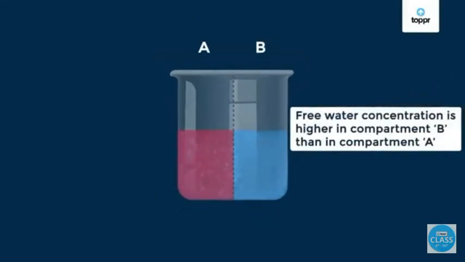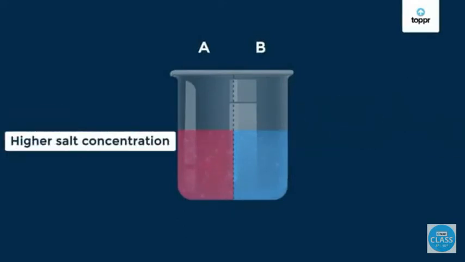Free water concentration is higher in compartment B than in compartment A. So we know that compartment A has higher salt concentration than B.